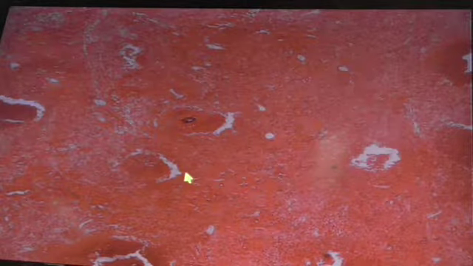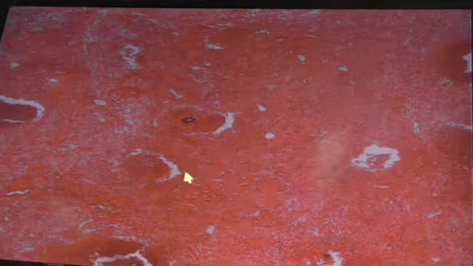So you got these clear spaces actually representing liquefactive necrosis in this case. Because you got all those neutrophils surrounding the bacteria, and they're releasing their products in the tissue, trying to get rid of the bacteria. So those clear spaces are not artifacts. They're areas in which the tissue is actually broken down and dissolved.